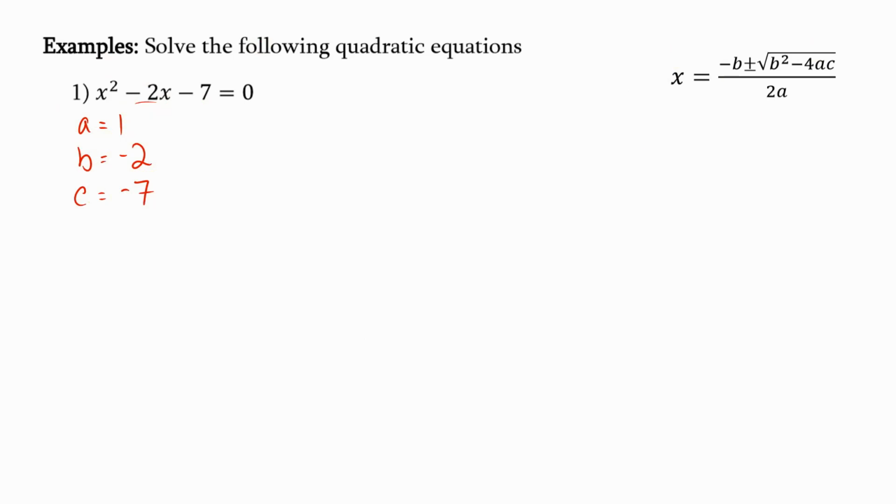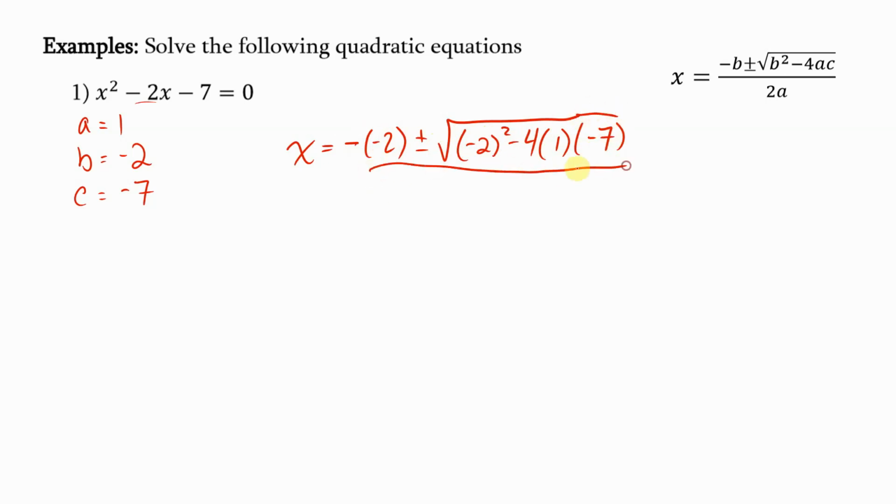Putting these into the quadratic formula says that x is equal to -b, or -(-2), plus or minus the square root of b squared minus 4ac, all divided by 2 times a.